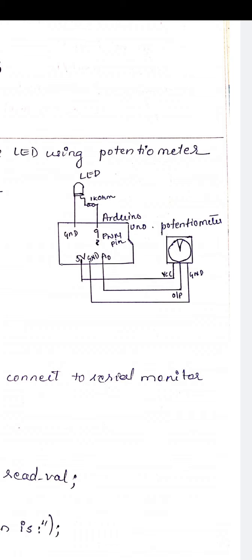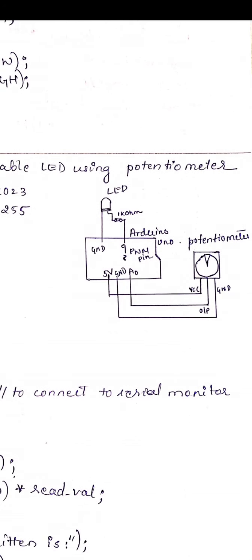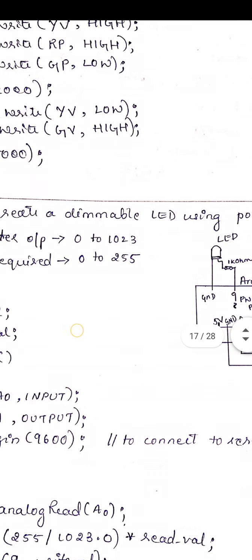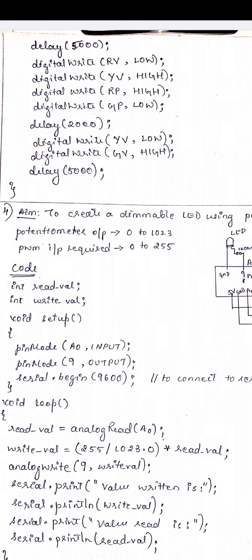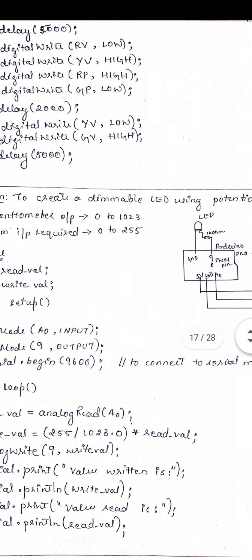We are going to read the value of the potentiometer in A0, and whatever value is read, based on that we are going to make the LED dim or bright. So how you can write the value, we'll see here. Whatever is the output from your potentiometer is an analog output which reads from 0 to 1023.